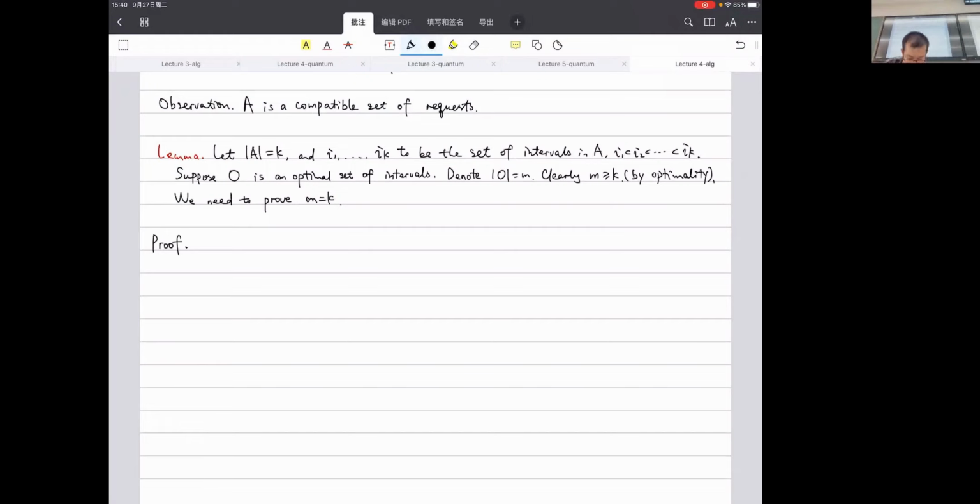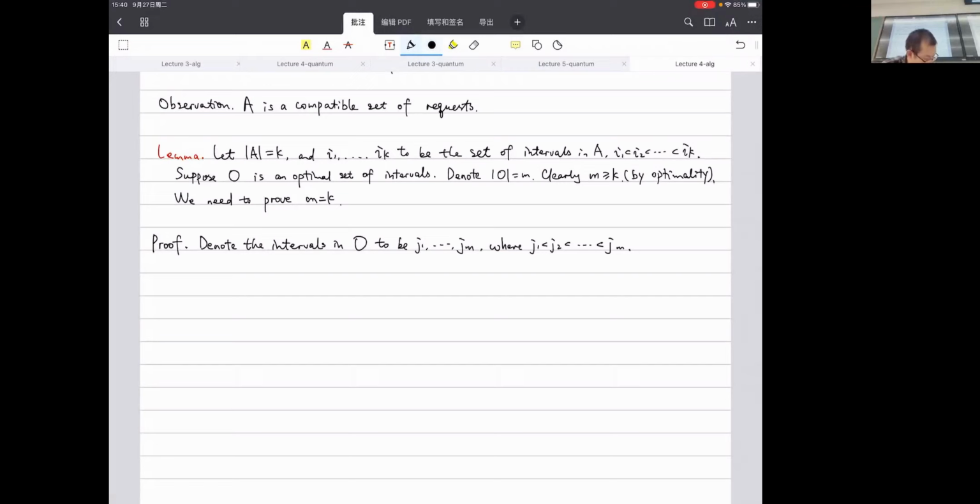For convenience of the discussion, let's also mark the indexes of the intervals in O. Let's denote the intervals in O to be J1 to Jm, because we have denoted the cardinality of O to be M, where J1 is smaller than J2, smaller than Jm.